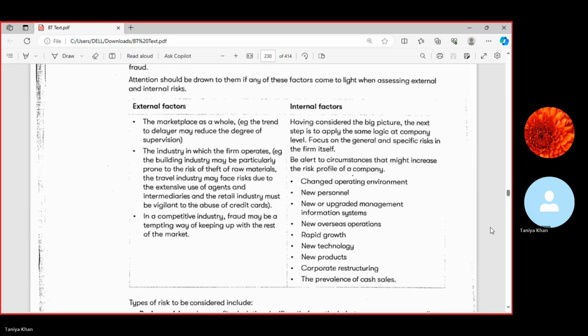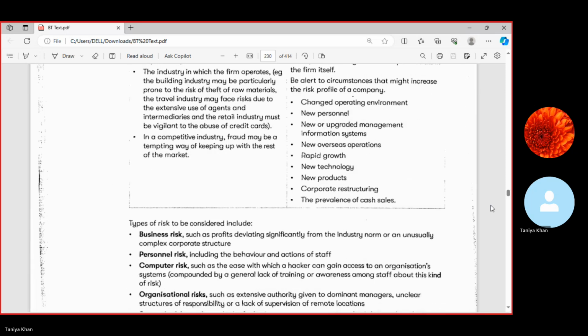The new technology followed by the company, new products initiated by the company, started with a range of products. Corporate restructuring means some changes are being made in the share capital of the company, or the per share value is being changed.